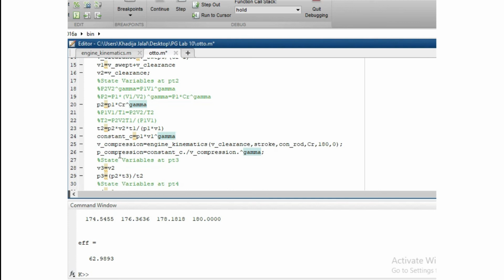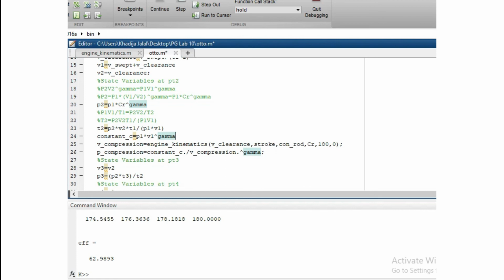P compression can be found by putting in the constant C, that is the product of the pressure at state 1, volume 1 to the power of gamma, divided by V compression to the power of gamma. We will find the compression pressure.